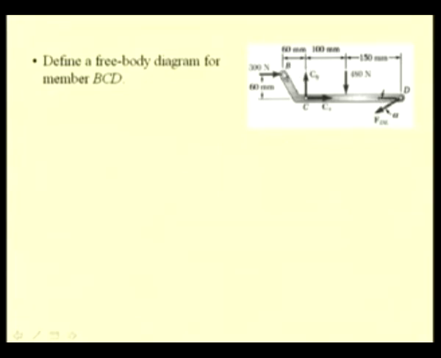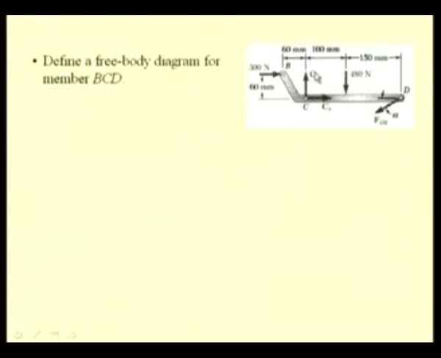At B, we have the externally applied reaction coming from the roller, which has been determined as 300 Newton, and at C, we have an unknown pin reaction coming from the other multi-force member. So, both magnitude as well as direction is unknown.